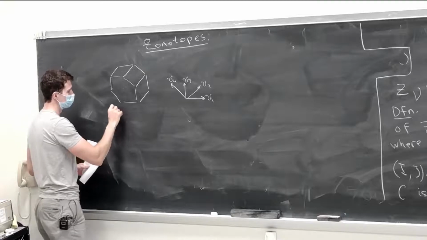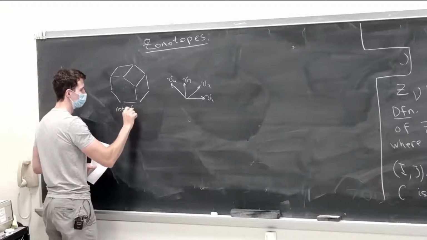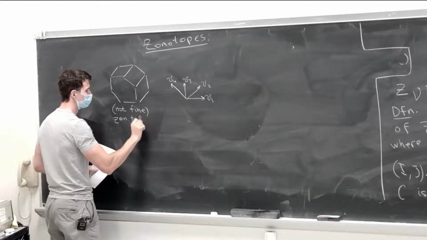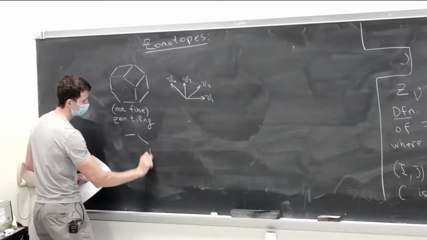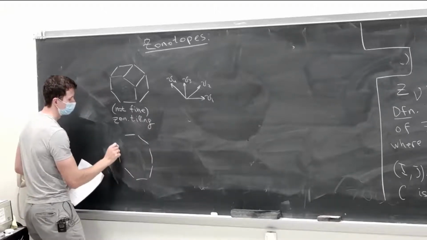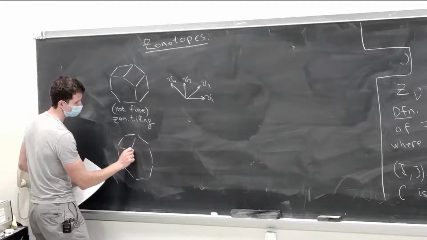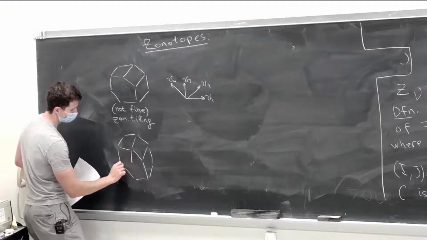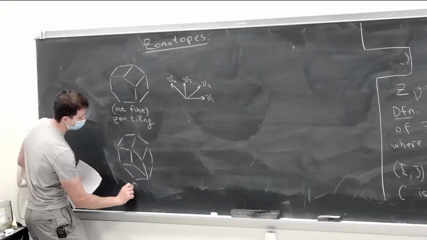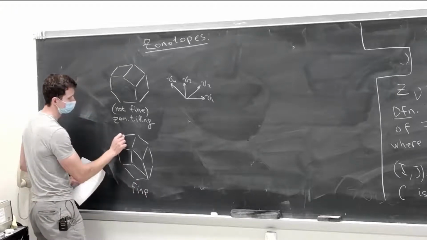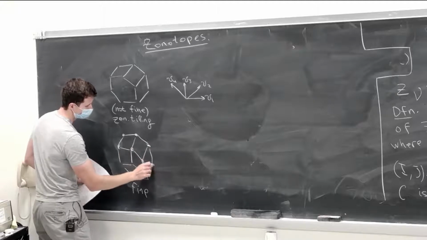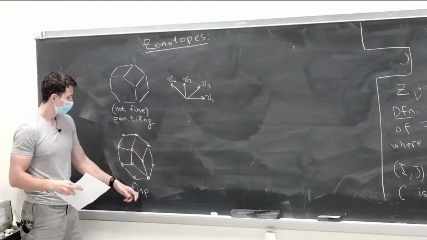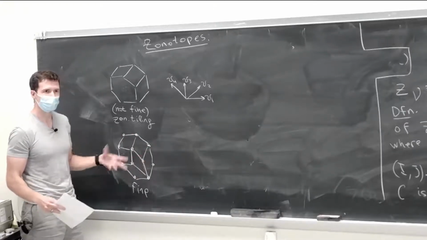That's not fine, but it is an example of a zonotopal tiling. And of course, if I fill in the hexagon, then this is a fine zonotopal tiling. So in 2 dimensions, fine zonotopal tilings are basically tilings into parallelograms.